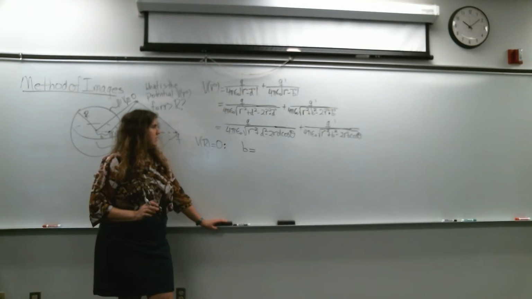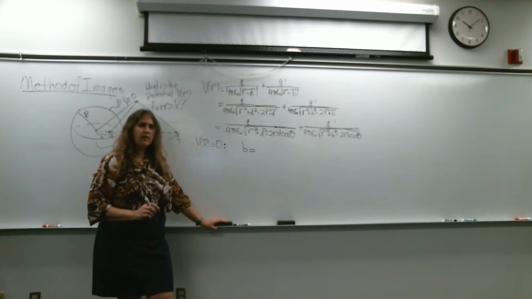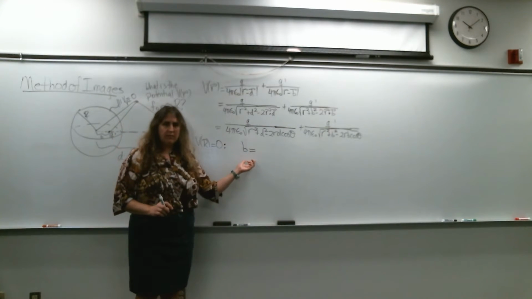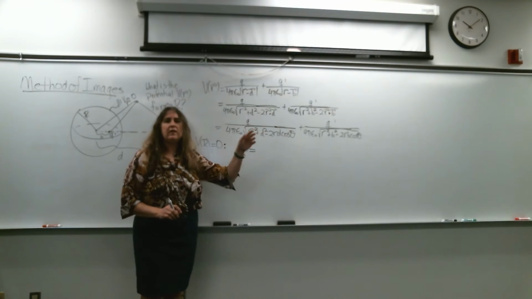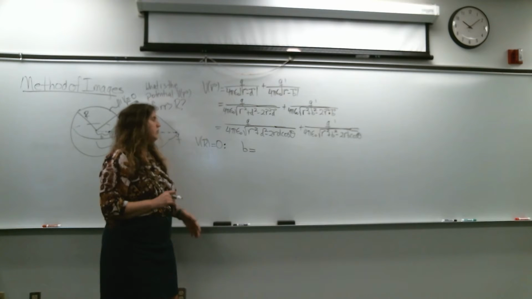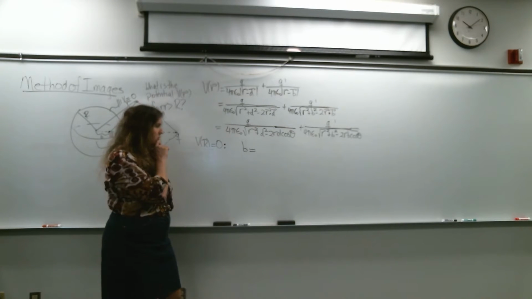Okay. And if you think of any simplest two expressions, b is a distance, so however you write this in terms of R and d has to also be in terms of distance. So, two possibilities here.